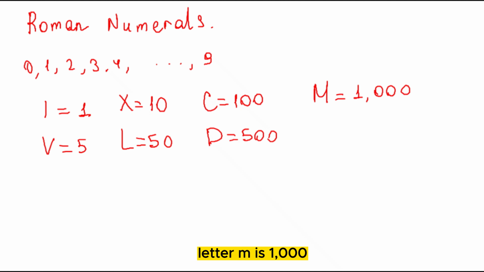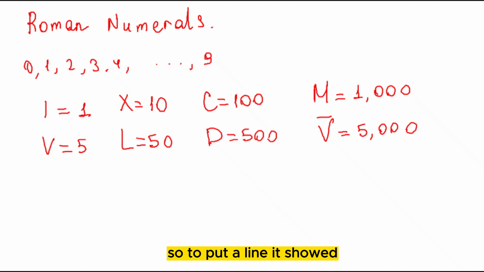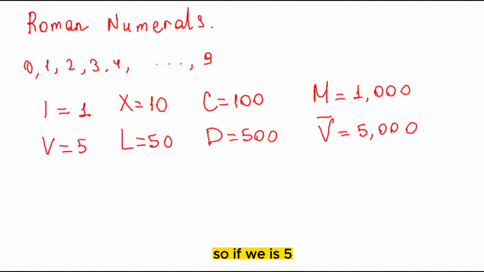Letter M is 1000. V with a line on top is 5000. As you see, we don't have a special letter for 5000. So putting a line on top shows a number 1000 times more. So if V is 5, V with a line is 5000.